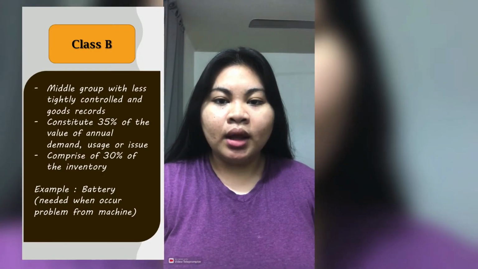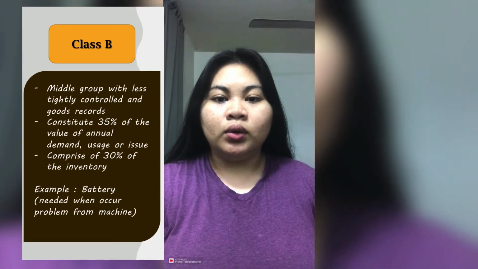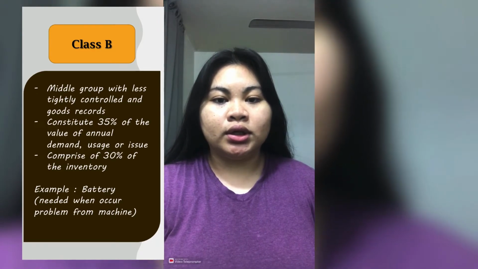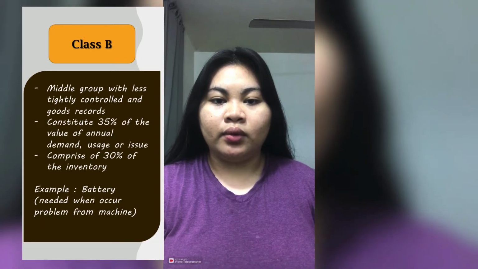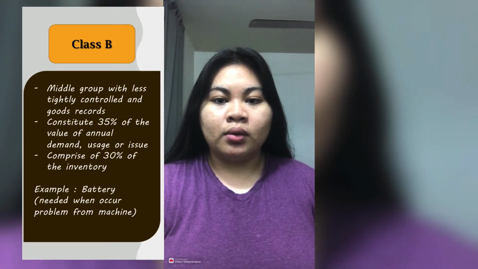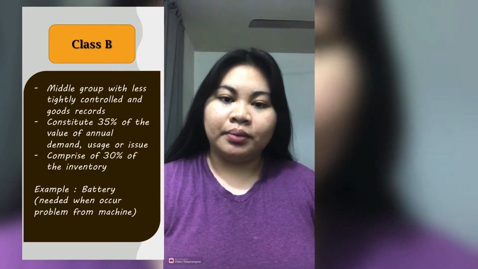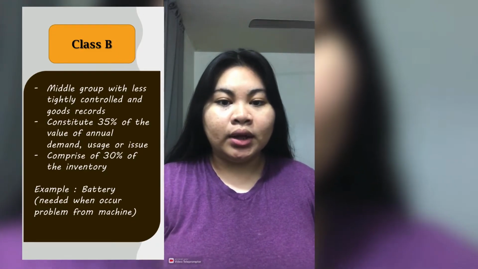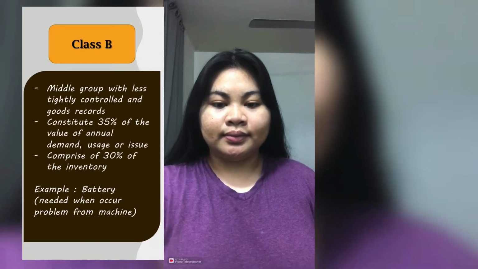Class B, middle group with less tightly controlled goods record. Second, constitute 35% of the value of annual demand, usage, or issue. Comprised of 30% of inventory. Example, battery, needed when a problem occurs from the machine.